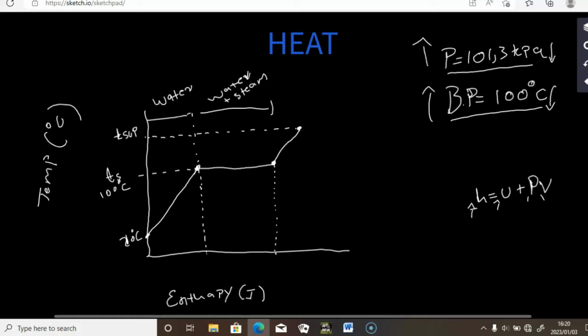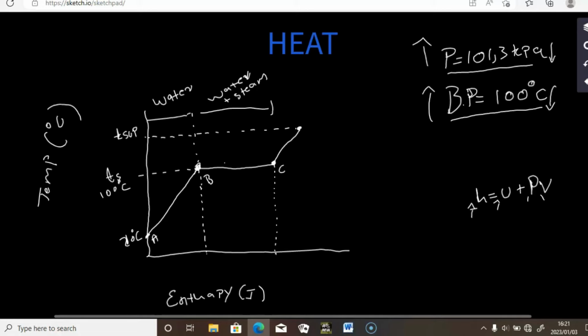And then from here, let's say this is A, this is B. And then from B to C, we are now having water being converted to steam. And what we have here, we said, is water plus steam.